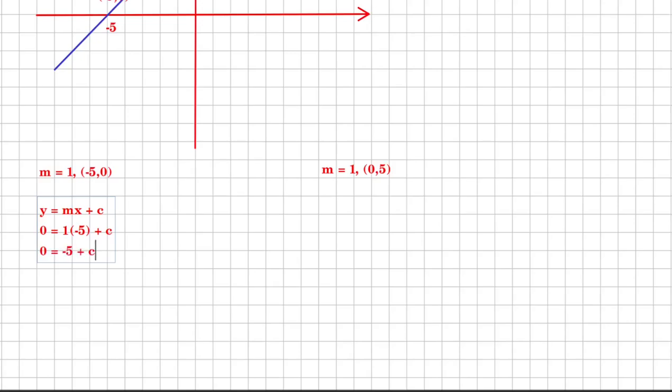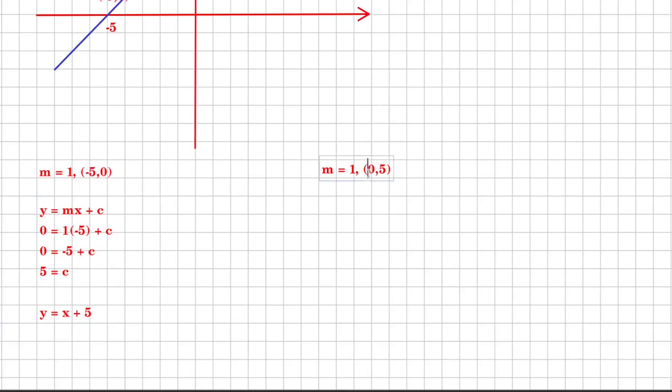If you add 5 on both sides, you get that 5 is equal to c. Substituting back, you have y equals the gradient, 1, multiplied by x, plus 5. Then 1 times x is actually x, so we can remove that one. Then that is our equation.